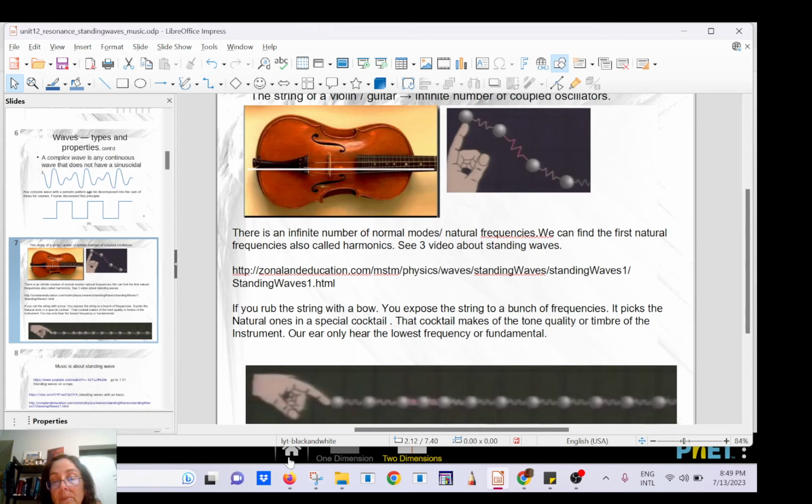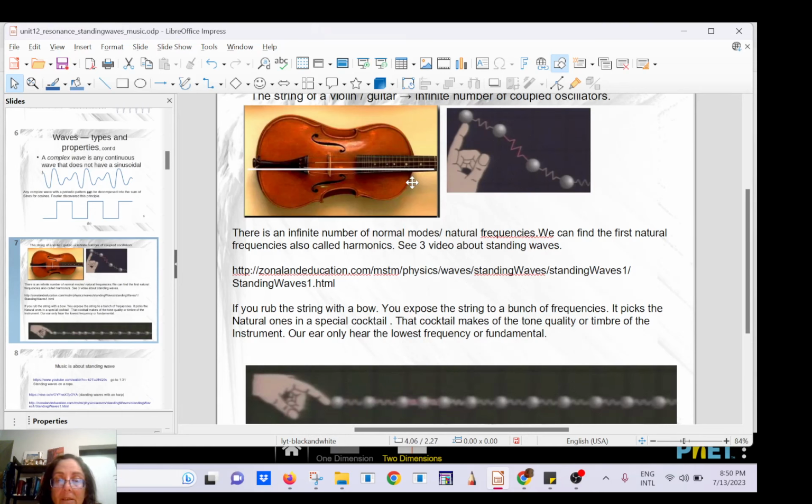And you can disturb this string by plucking it, or by using a bow. You can shake it up and down a little bit, so you can move it in this direction. If you have a flute, you can move it in this direction. So you can create a transverse wave, or disturbance, or a longitudinal disturbance, right?